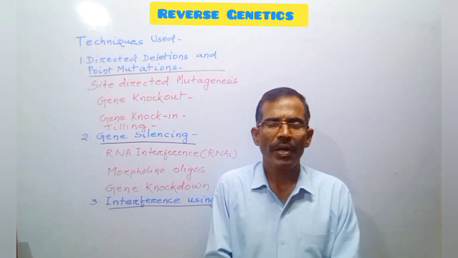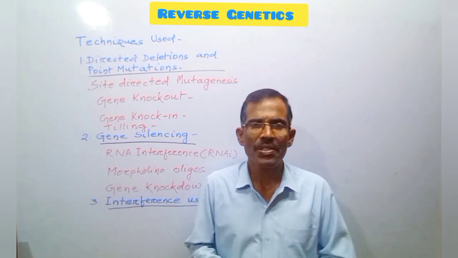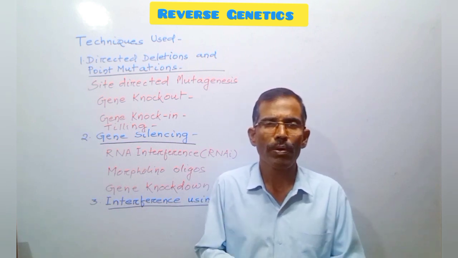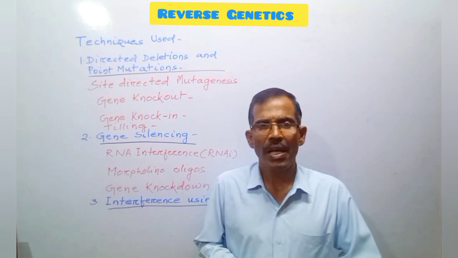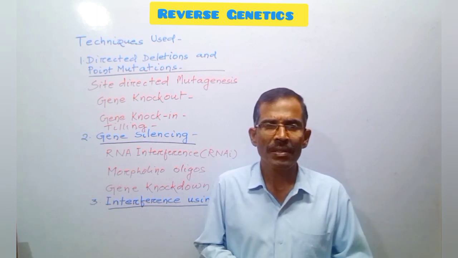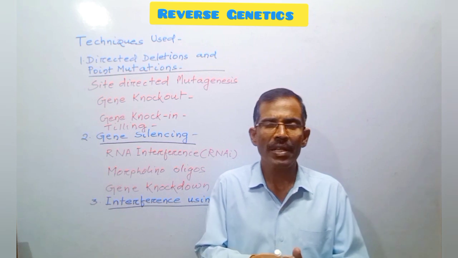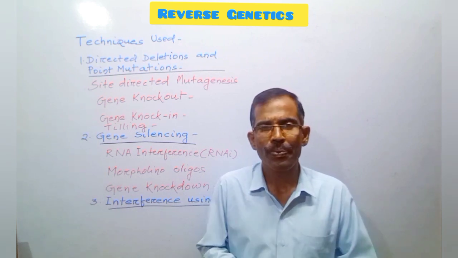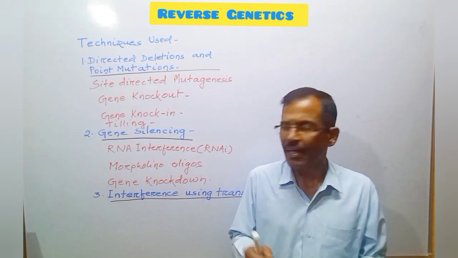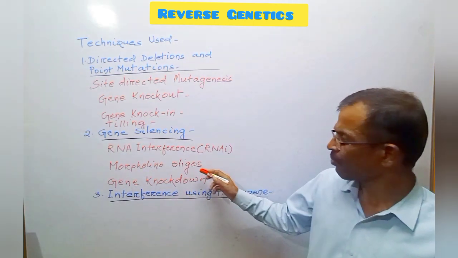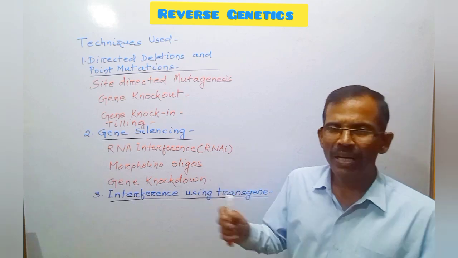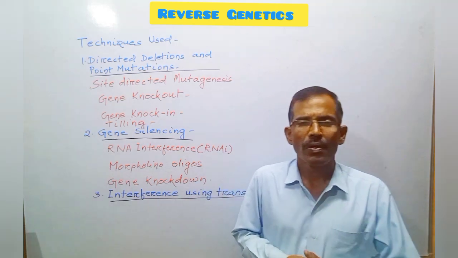RNA interference, specifically gene silencing, has become a powerful tool to silence gene expression and also to identify and analyze the loss of function phenotype. A simple alternative for gene knockdown is morpholino antisense oligos.